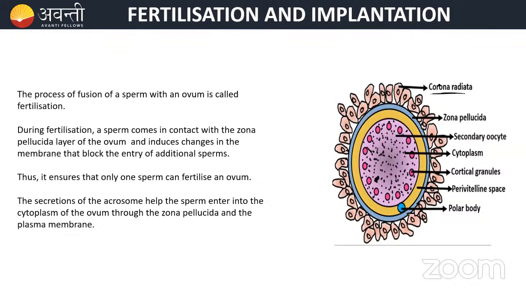These are the granulosa cells only. The cells of the corona radiata are loosely arranged, like this. And these cells are cemented by a polysaccharide known as hyaluronic acid.